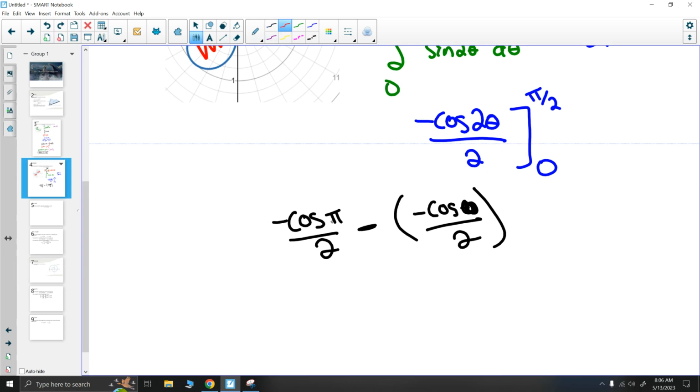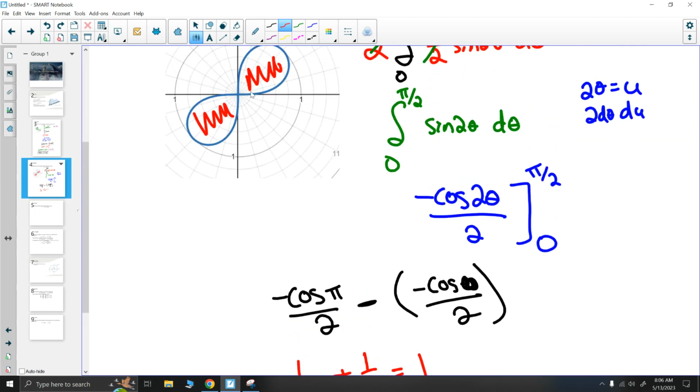Cosine of pi is -1. A negative and a negative makes a positive, so that's 1/2, plus cosine of 0 is 1 over 2, 1/2. So we get 1. So the area of each one of these then is 1/2.